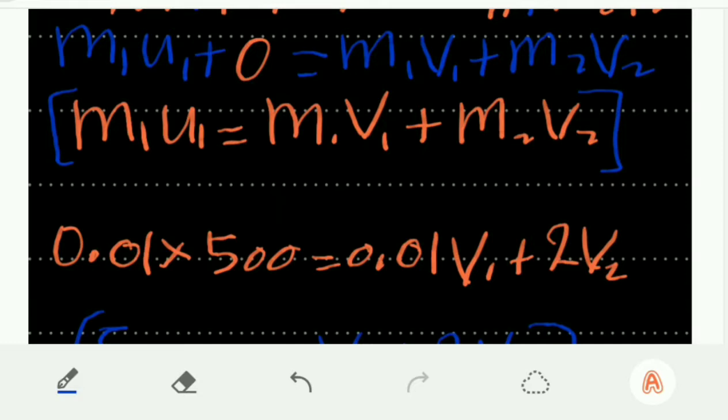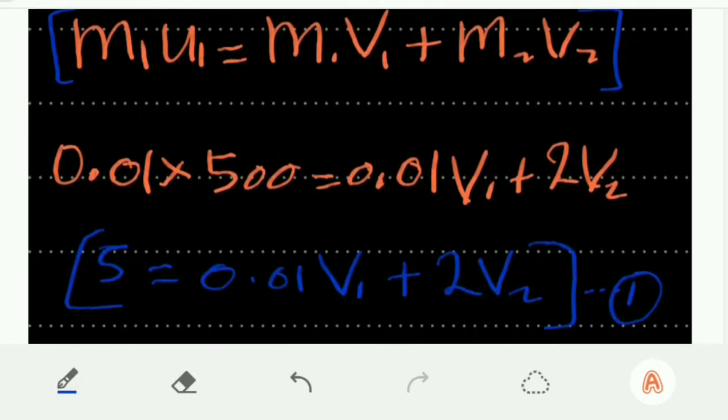What we want to find in this question is the final speed of the bullet as it emerges from the block. When we look at this equation, though we want to find v1 only, we also need to know what v2 is. Otherwise, we're going to remain with two unknowns.